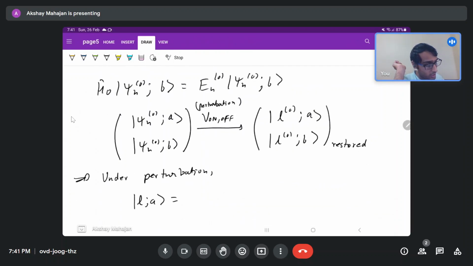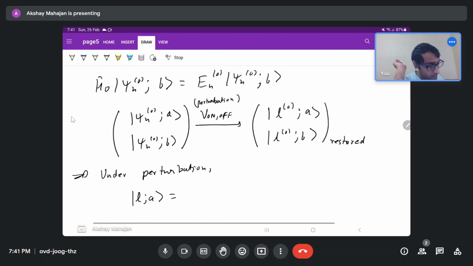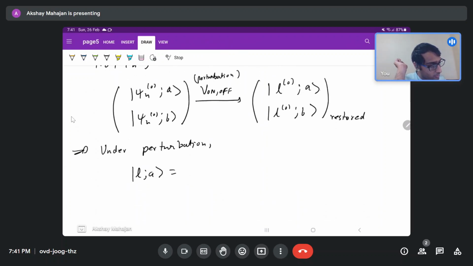For these 2 orders also, we are saying that they will convert into some L0 of A, L0 of B, which will be some combination of psi 0 of A, psi 0 of B, which are our degenerate states. Now we will take this as our unperturbed state, and we will do our non-degenerate perturbation theory, which we did more or less similarly for the D-fold case as well.